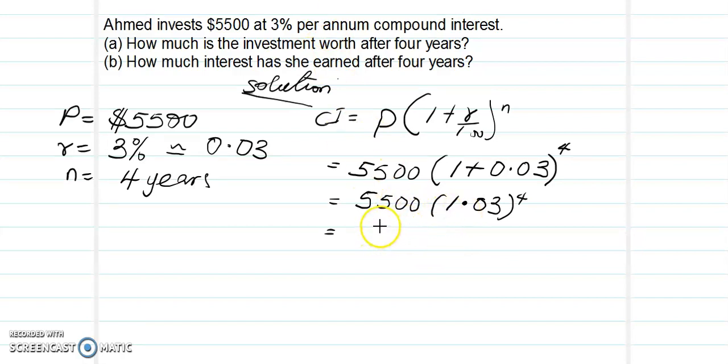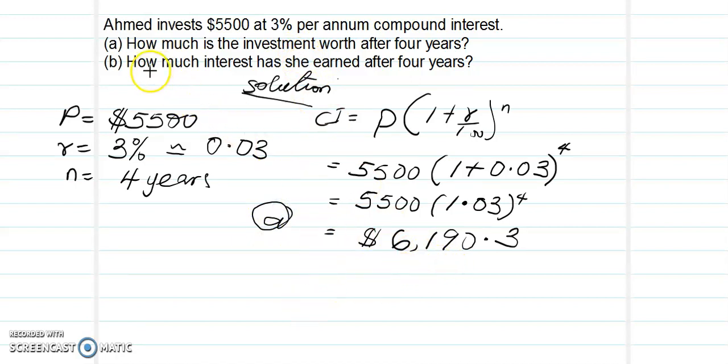Okay, that's fine. That gives us 6,190.3. So this is the amount of the investment after 4 years.